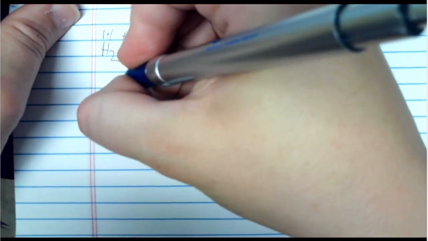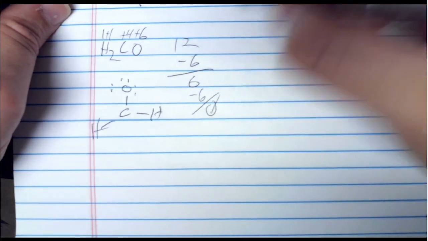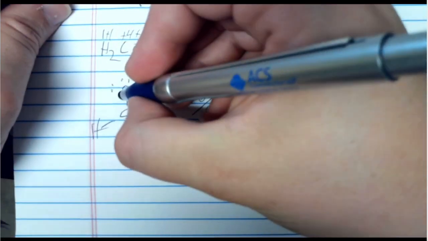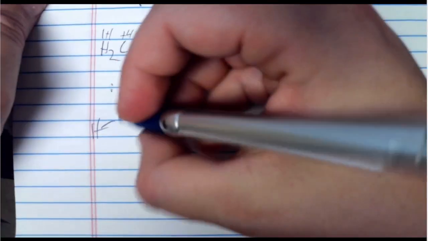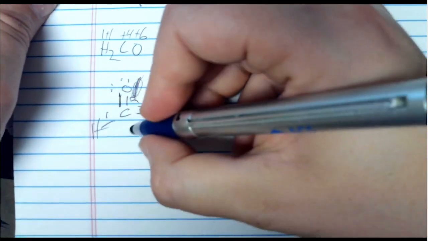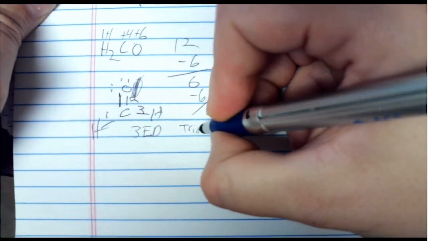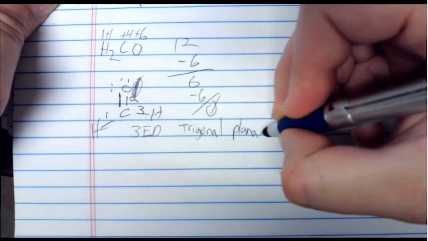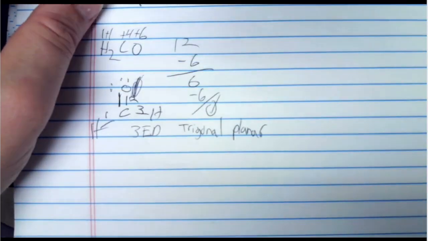We have to put them in. 0 left. Well, I can then take 2 away and make a double bond. However, that does not affect my numbers. 1, 2, 3. 3 electron domains means it's trigonal planar. 0 lone pairs means it stays trigonal planar.